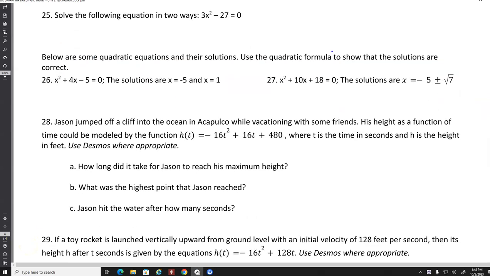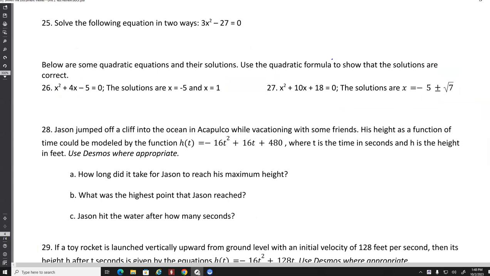All right, only a few more questions left. So again, here it says below are some quadratic equations and their solutions. Use the quadratic formula to show the solutions are correct. So again, this is your A, this is your B, this is your C. We're going to use the quadratic formula. So negative b, which is negative 4, plus or minus square root of b squared, which is 4 squared, minus 4 times 1 times negative 5, divided by 2 times 1. Okay?